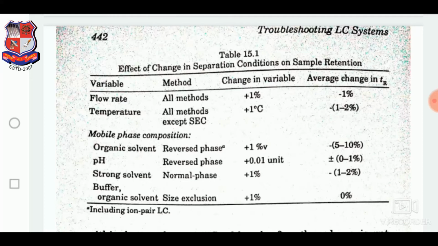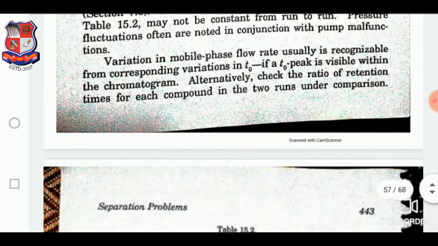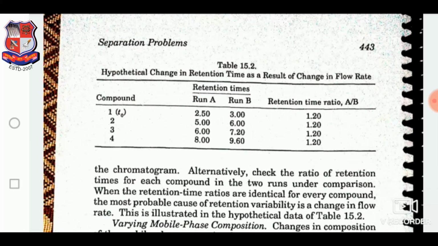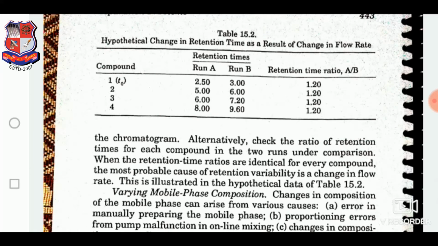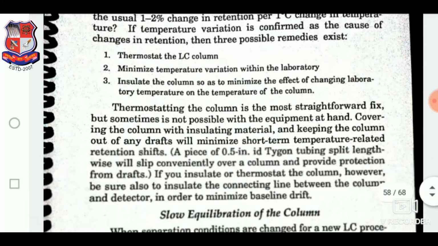If we change the flow rate by 1%, the retention may change by minus 1%. So 1% of mobile phase may be changed. If we change the mobile phase composition, these are the possible variations. There is also a hypothetical change in retention time as a result of change in flow rate.